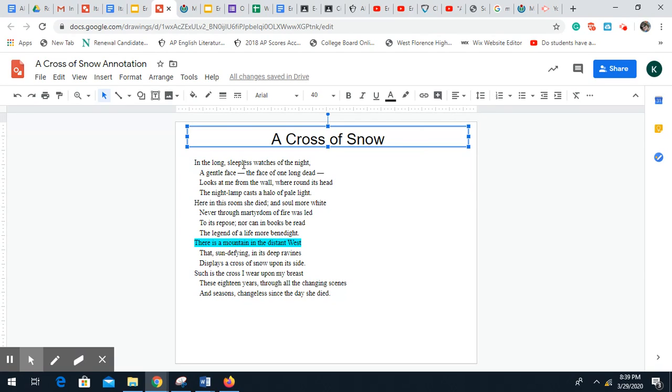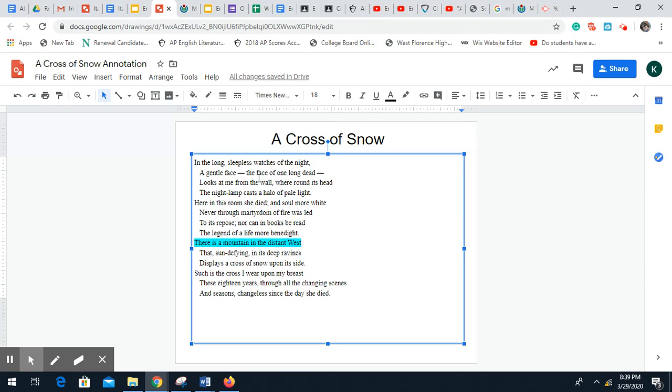But if we're going through our BLAST, the first thing we want to do is talk about what's happening in the two parts of the poem. Okay, so in this first part, usually I would reread this in class to my students and ask them, what is going on here?